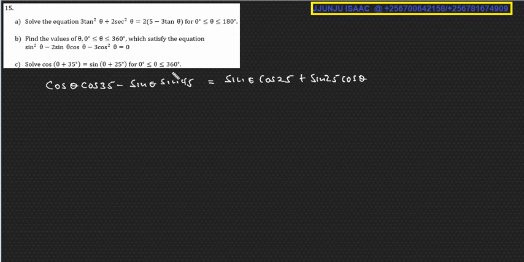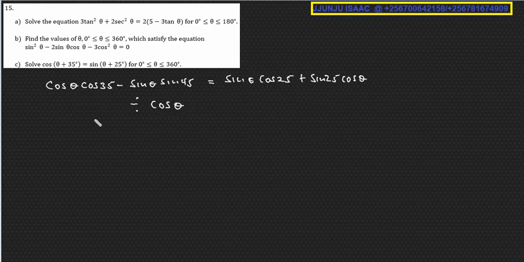When we expand this, we shall get sine theta cos 25, then sine 25 cos theta. Alright, so now if we want to simplify this, I'm seeing a cos theta and sine theta, so what I'm going to do is to divide by cos theta so that I create a tan.